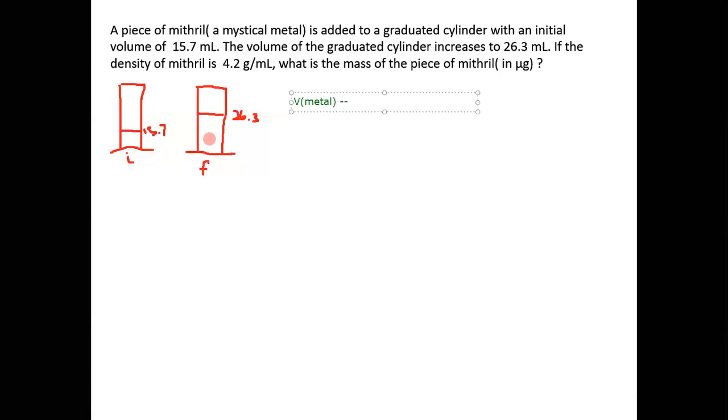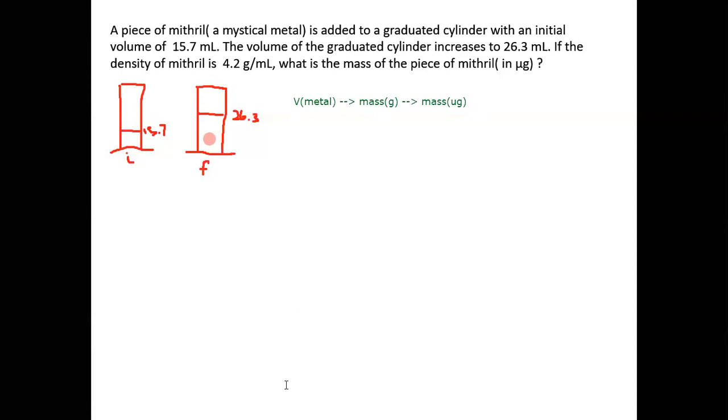Once we get the volume of the metal, we're going to use the density to find the mass of metal, and it's going to be in grams. And then we're going to convert that to mass in micrograms. But again, to find the volume of the metal, we use the difference in volume between the two graduated cylinders. And it's always final minus initial.